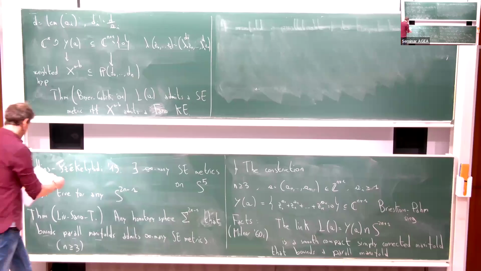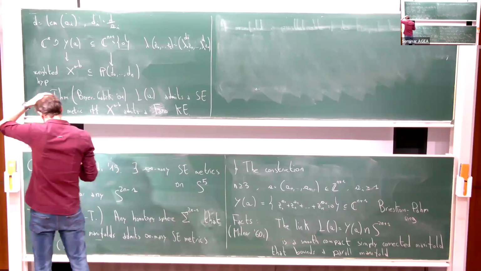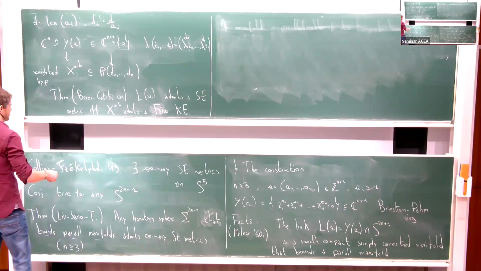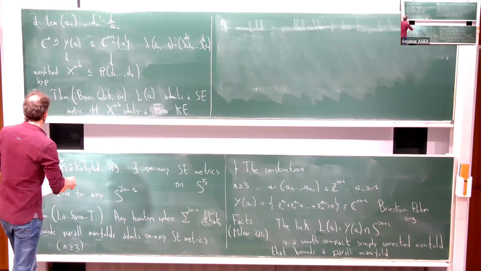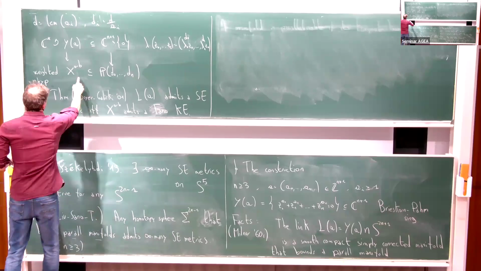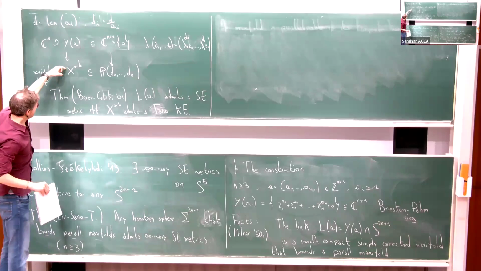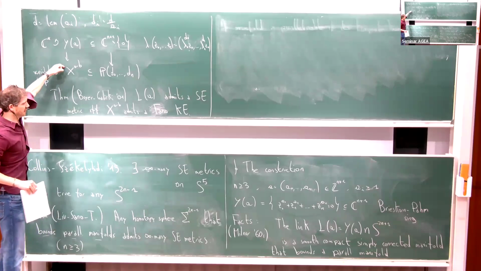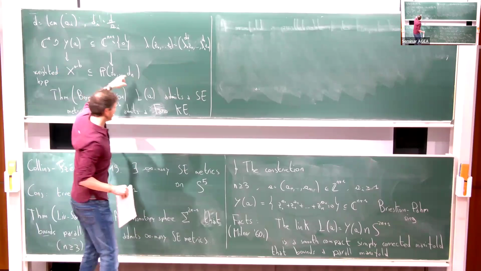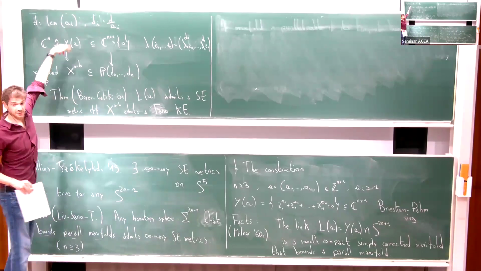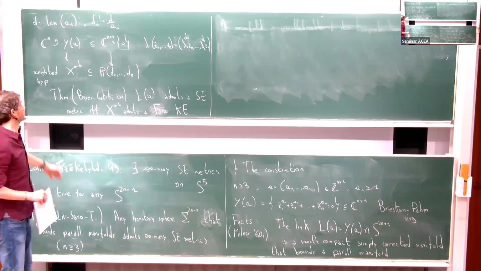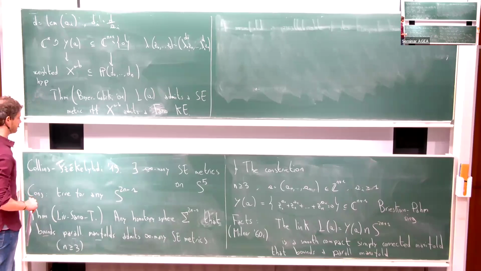The proof is not particularly hard, but there is some work to do, and it really has to do with the fact that the link is an S1 bundle over this guy, and they can lift the metric from X_orb or descend it from LA.